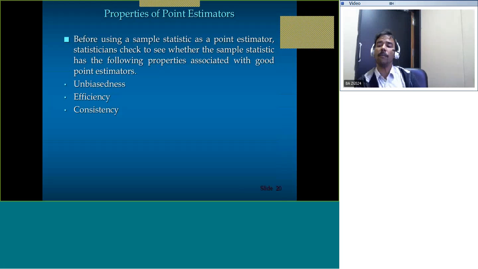What properties should a point estimator have so that it can be called an ideal one, and it removes the ambiguities and errors, and it gives a very close value of the parameter? There may be many in the literature, but most probably the important ones are unbiasedness, efficiency, and consistency. So, what is unbiasedness, what is efficiency, and what is consistency?